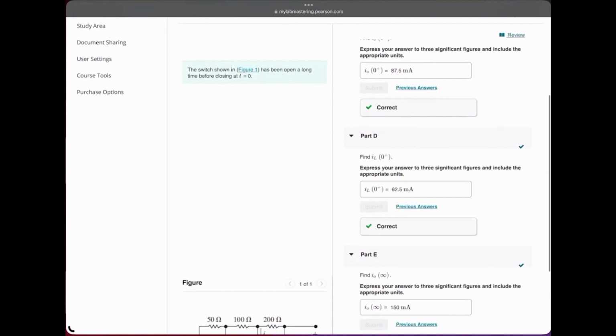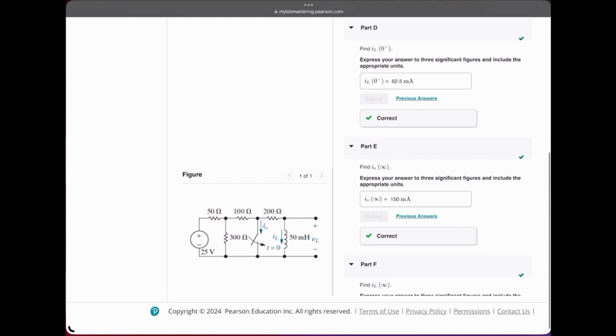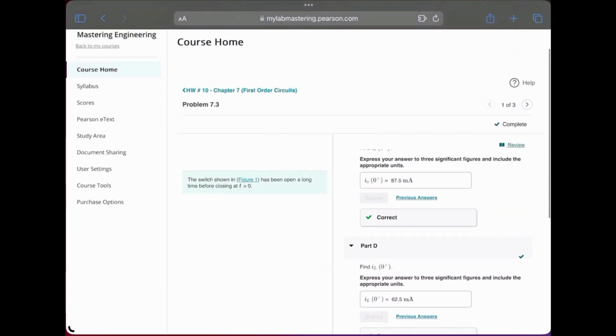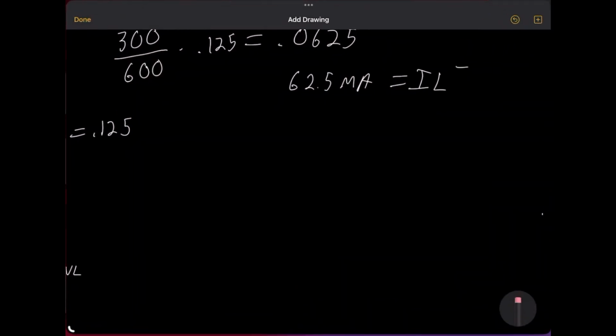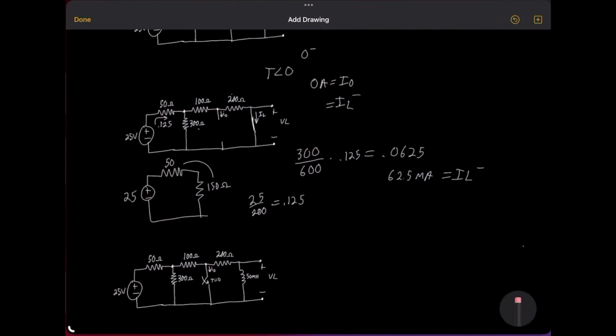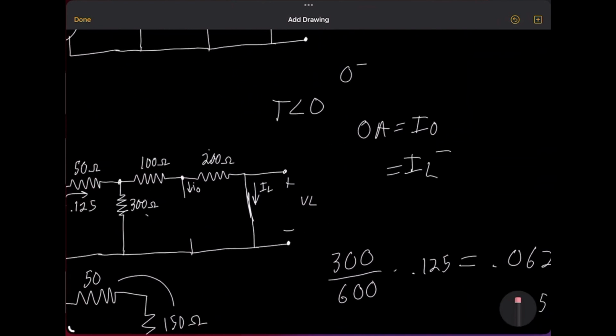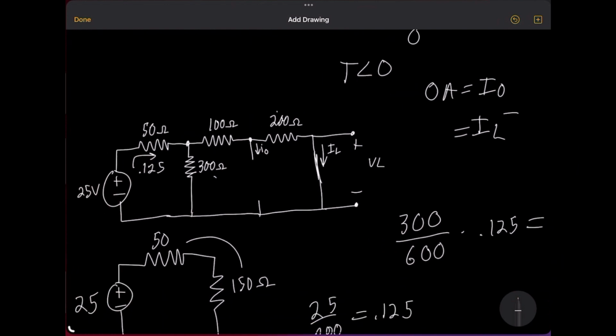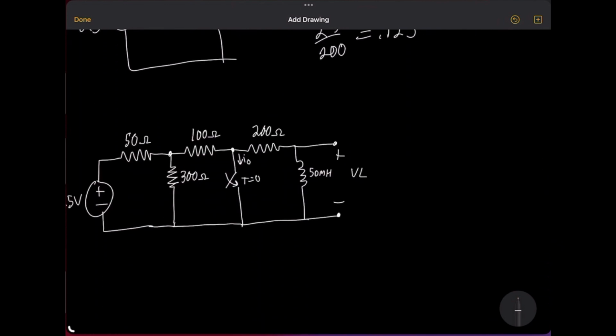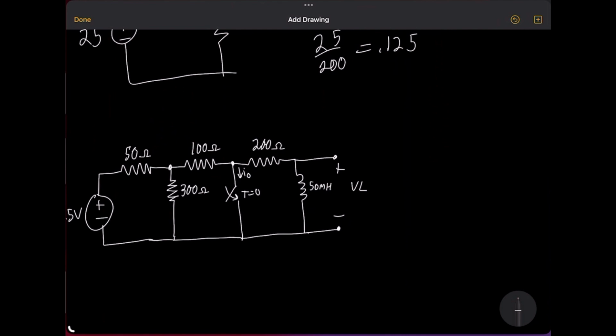So we figured out a lot of things. Now let's start looking at the circuit as it gets closed. Since the main goal usually is, on the left side of 0, you want to figure out what the initial current is through that inductor. That's your first step. Usually when it comes to first order circuits, it is your first step.